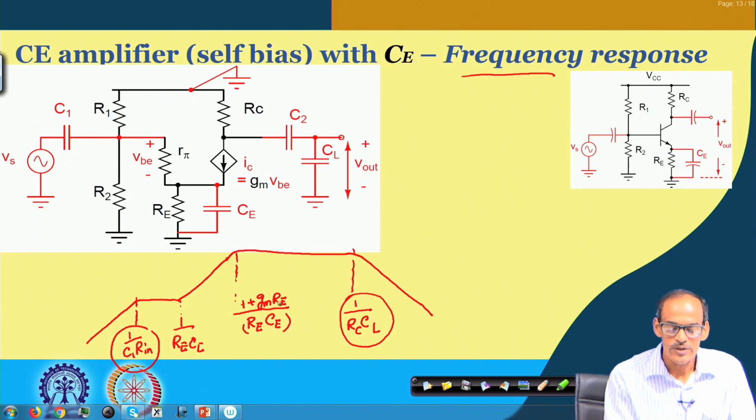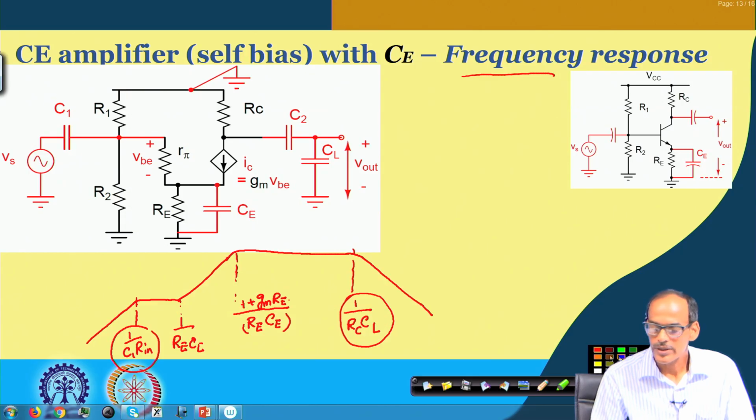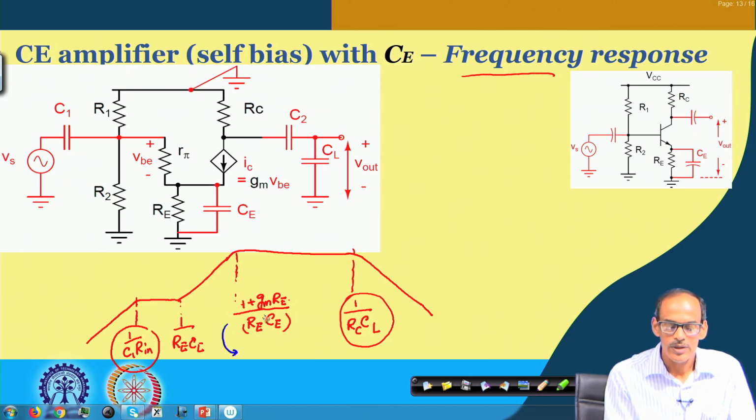For this case I have a different kind of expression, but it has a meaning if you approximate the numerator as practically gm into Re. So, this cutoff frequency becomes gm divided by Ce.